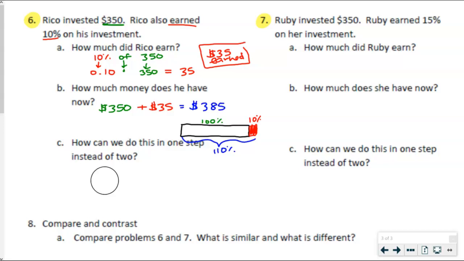So I have 110% of what we started with, 110% of the original. And so to do this in one single step, because again, I can do this in my head, 100% plus 10% is equal to 110%. I now have 1.1 or 1.10 times the original amount, which is 350.